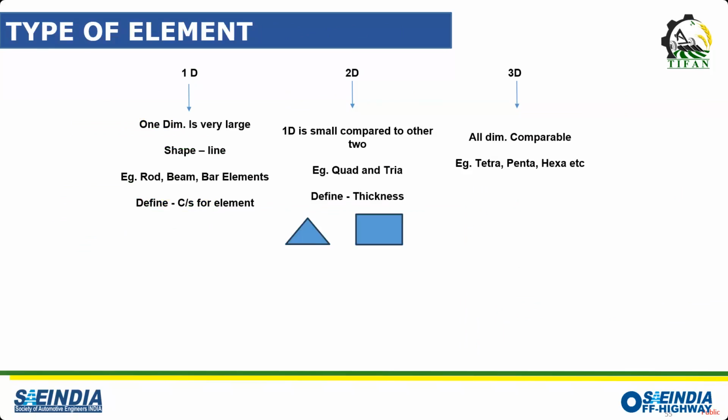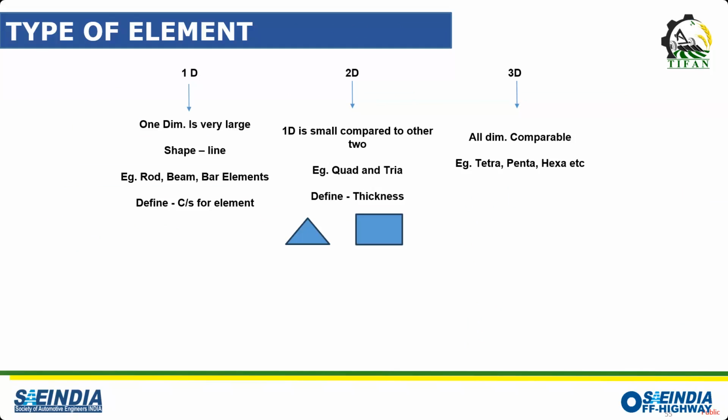The types of elements that we use in FEA. 1D: when one dimension is very large, the shape is a line only. These are rod, beam, and bar elements. We need to define a cross section for them. They will be like this: line element, beam, rod.